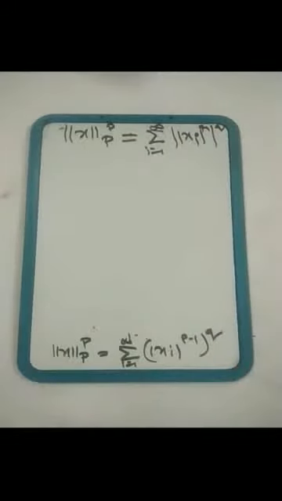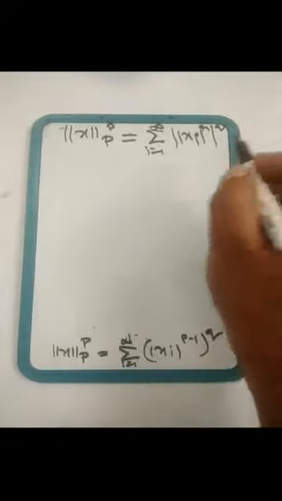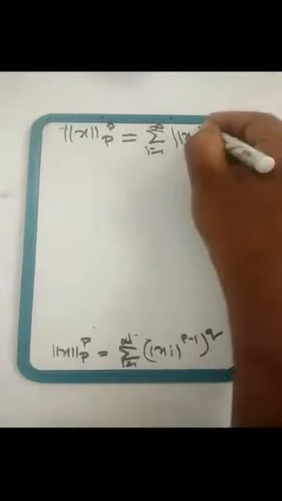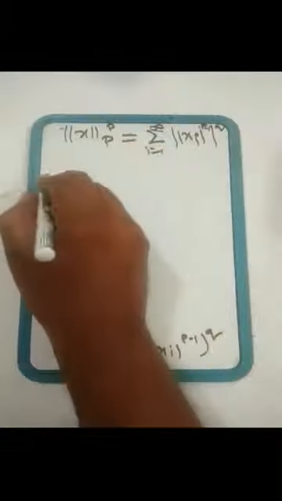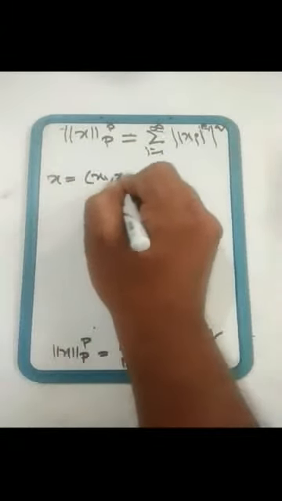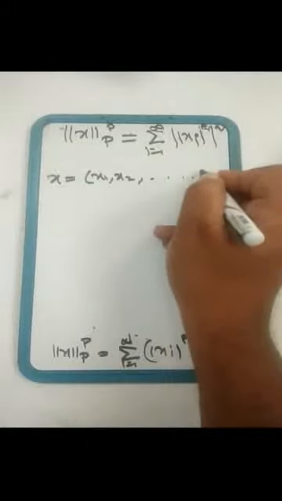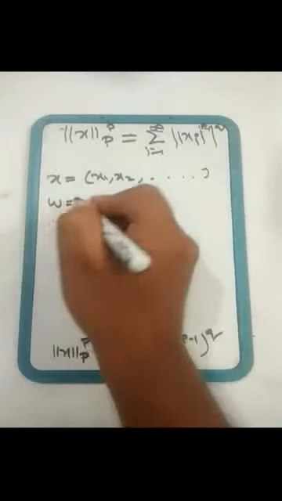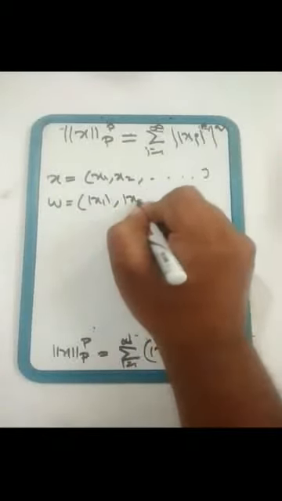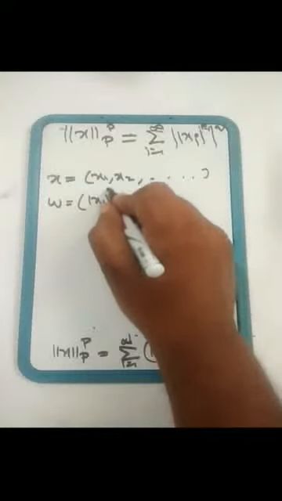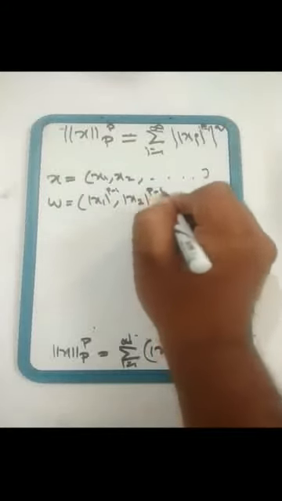You have this thing. p minus 1 over here. Okay. In other words, if x is x1, x2, and so on, w is the object, which is mod x1, mod x2, and so on, raised to p minus 1. This is the case.